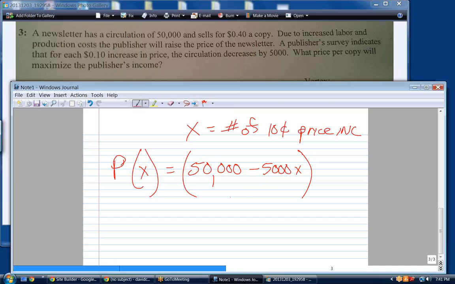So this is our subscribers times, what are we going to charge them? To get our total revenue. Should we just let X be 2? Well, it'd be 40 cents plus X times 10 cents.